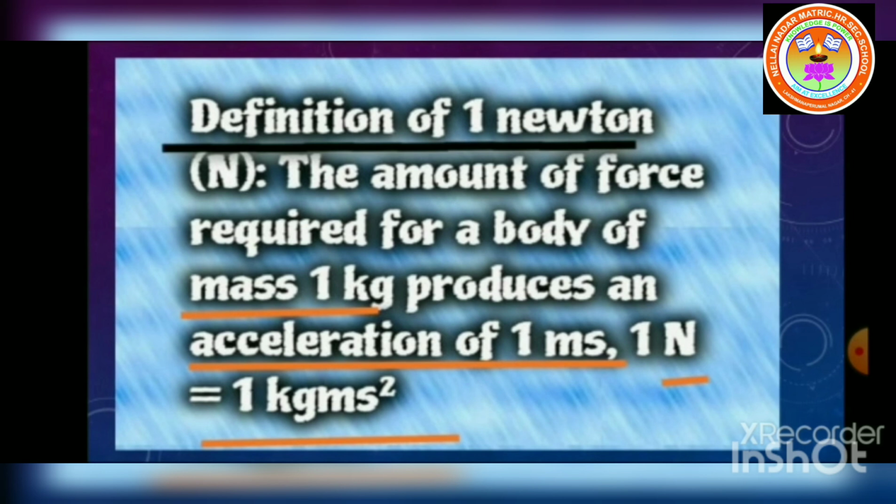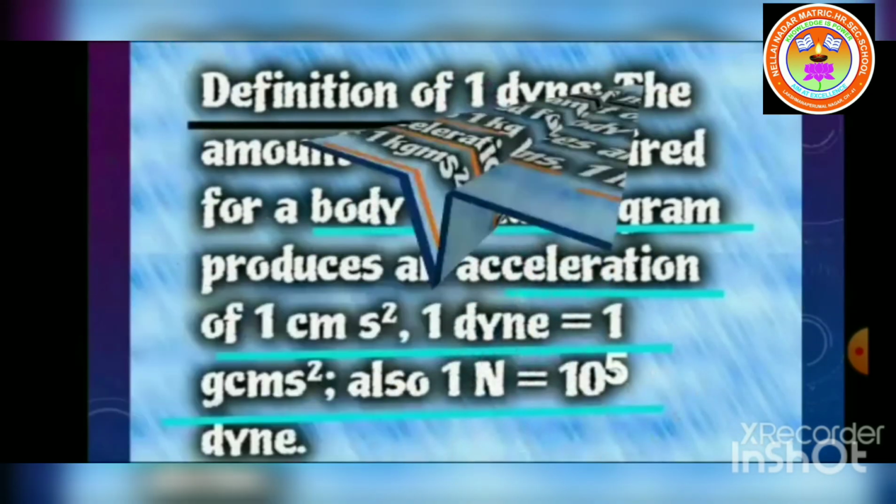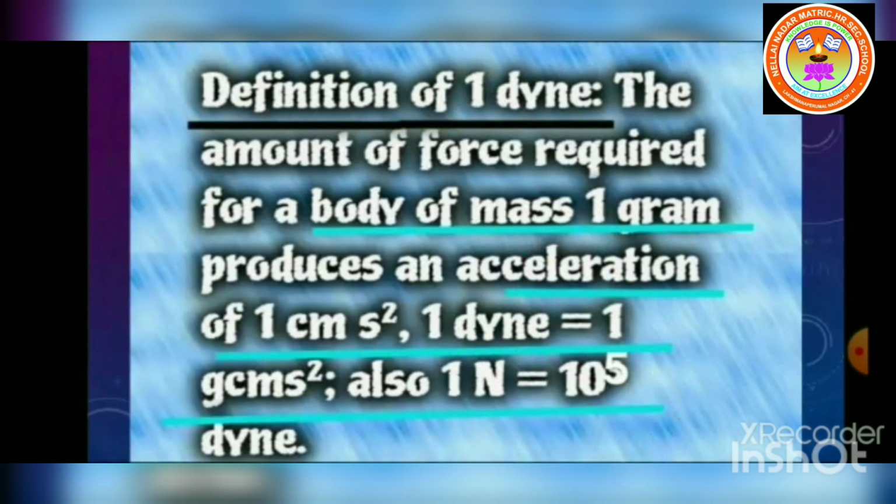So 1 N is equal to 1 kilogram meter per second square. Definition of 1 Dyne: the amount of force required for a body of mass 1 gram to produce an acceleration of 1 centimeter per second square. So 1 Dyne is equal to 1 gram centimeter per second square. Also 1 N is equal to 10 to the power 5 Dyne.